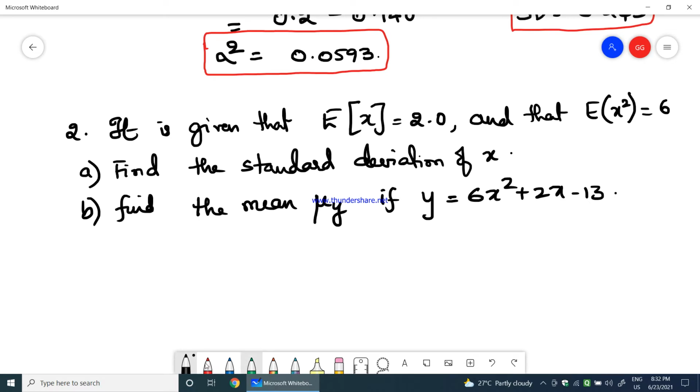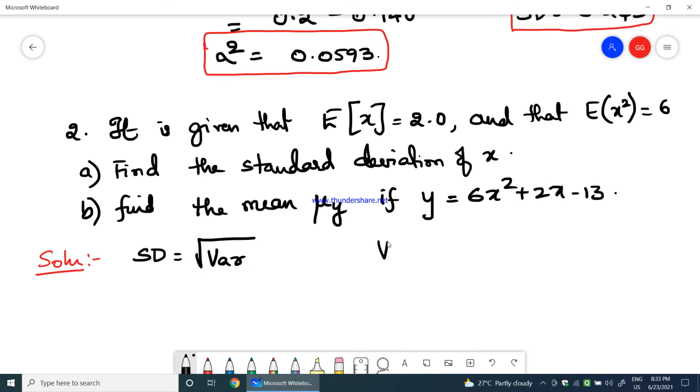Okay, so let us now go for the solution. First of all, your first job is always to read the question. It is given that E of x, the mean of x, is 2.0, and the mean of x square is equal to 6. Now the first job is to find the standard deviation. We know that the standard deviation SD equals the square root of variance.